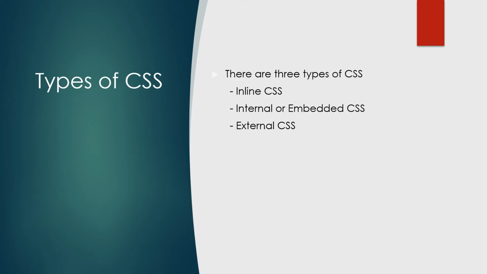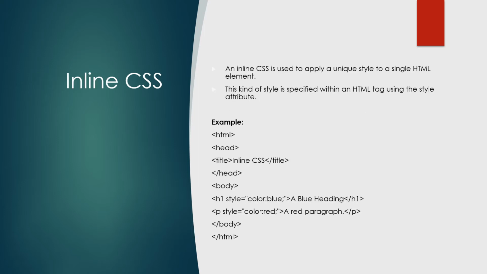Types of CSS. We can add cascading style sheets to our web pages in 3 ways. First one is inline CSS, second one is internal or embedded CSS, and third one is external CSS. Inline CSS.